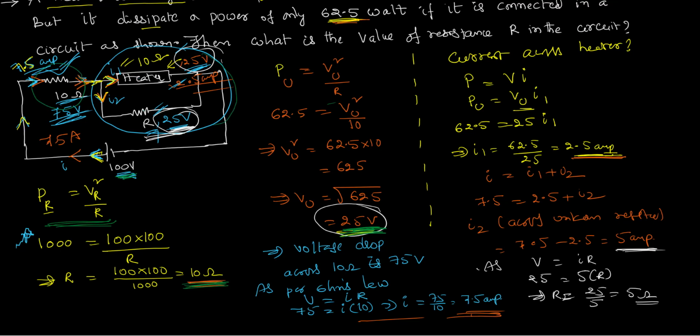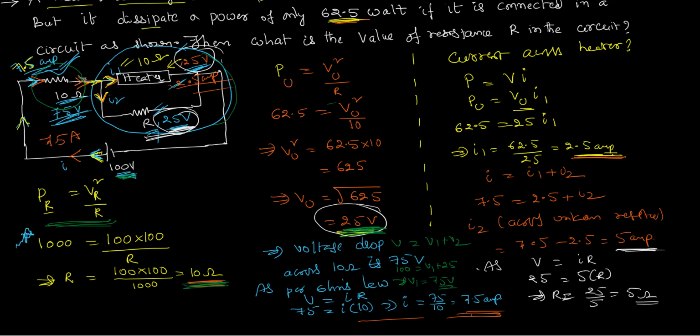So voltage shall be the same. Therefore, total voltage V equal to V1 plus V2. Total V is 100. V1 I have to calculate. V2 is across the heater, 25. It implies V1 is 75 volts. That I have calculated here.